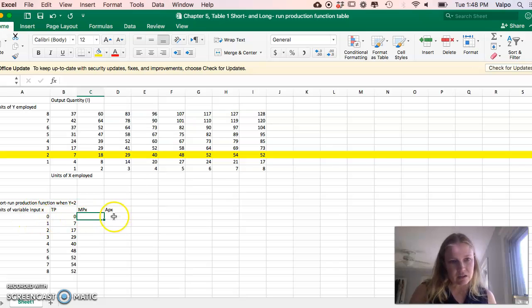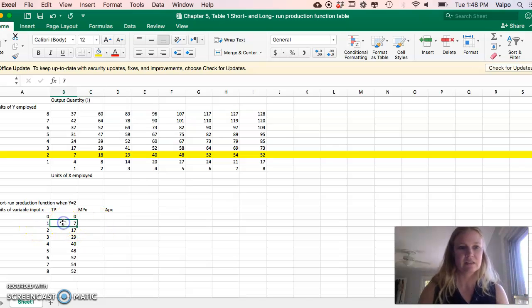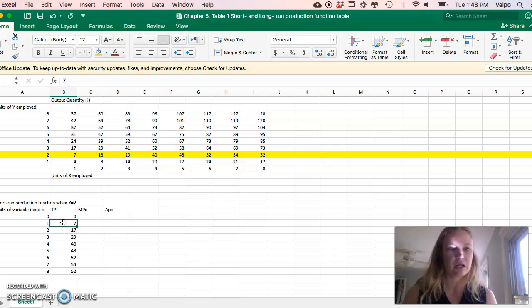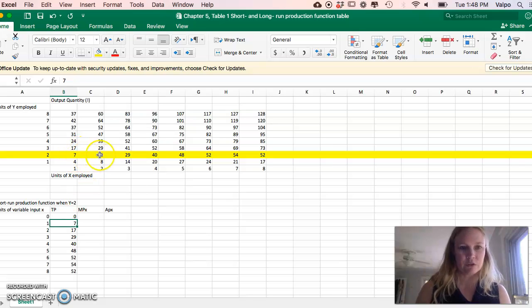So if there's 0 X, then we've got 0 Q. If there's 1 X, we've got 7 Q. 7 is produced. We see that right here. If we increase it to 2, we've got 18. Wow, that's a typo. If we increase it to 3, it's 29, and then it's 40, and then 48. See this? We're constraining Y, so this is a short run question.